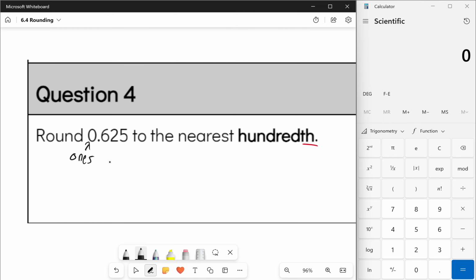To the right of the decimal, we have not our tens, but our tenths, with a TH. To the right of the tenths, this 2 right here, we have our hundredths, with a TH. And last but not least, in this number, they go on forever, but in this number the last place value we have is our thousandths.